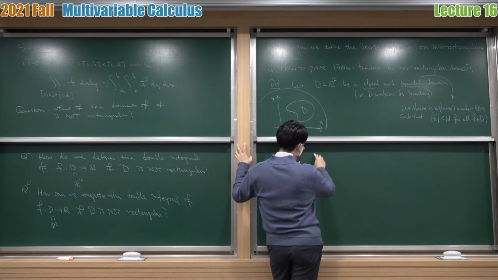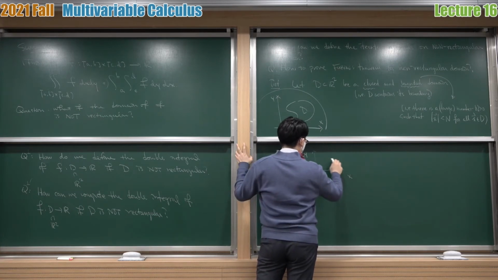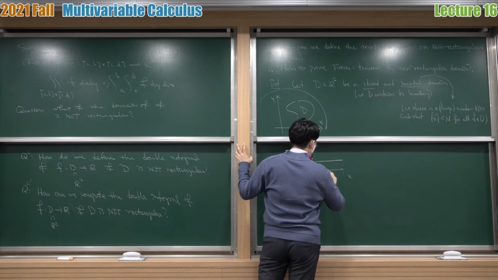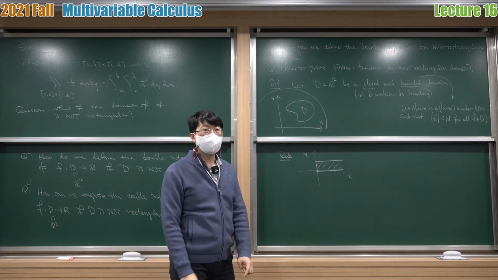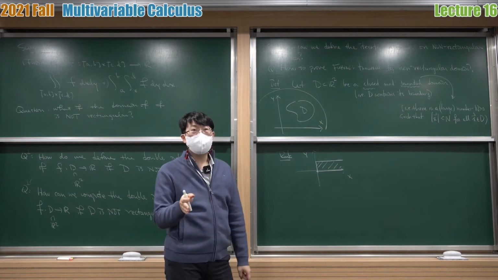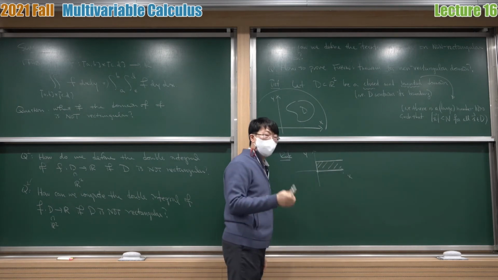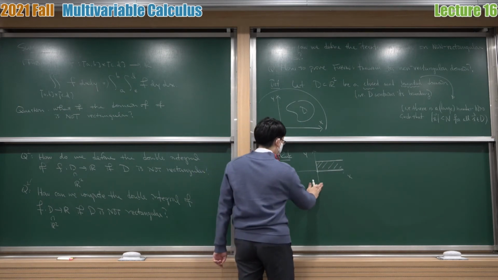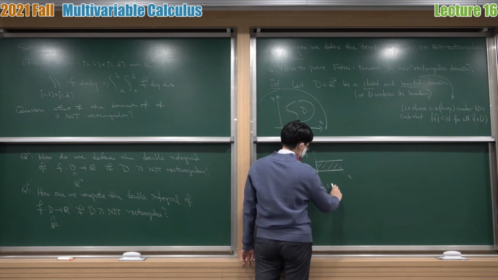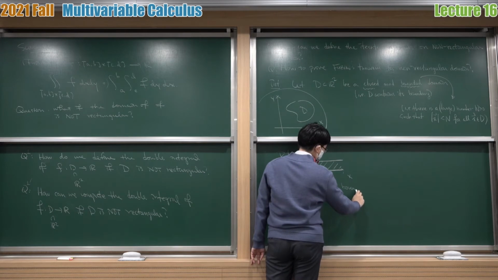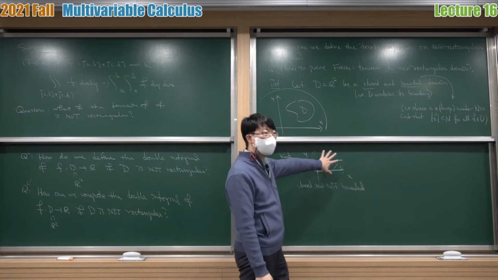For example, you can have the xy plane, and let's say I take this infinite strip extending to the right-hand side. This has a boundary, it has all clear ends, but it's not bounded. So it is closed, but not bounded. I'm not thinking about this situation.